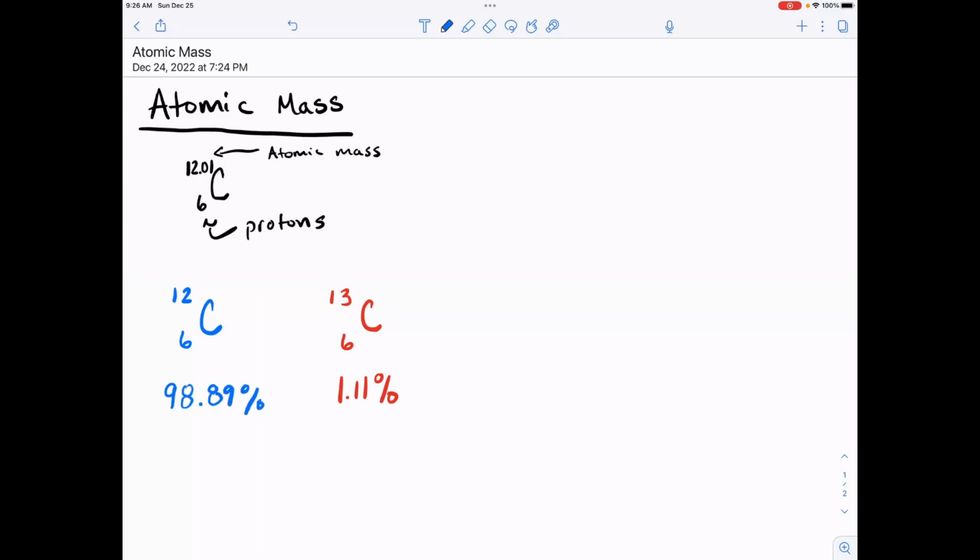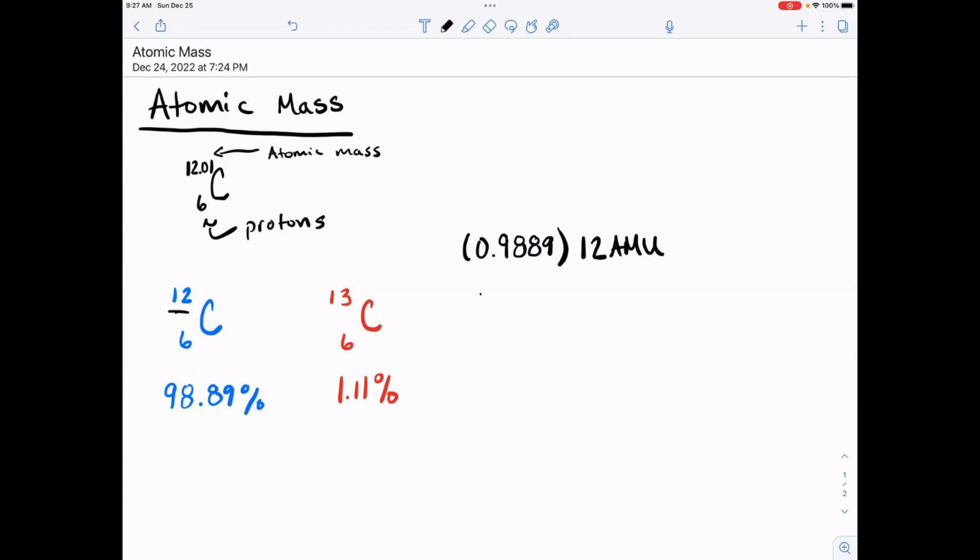Okay, so the significance of this is when we go and we say, well, where does this 12.01 come from? If we convert this into a ratio, right, we get 0.9889. And if we multiply that by an atomic unit of 12, so this is 12 AMUs, right? And the 12 is coming from the atomic mass of carbon 12, right?